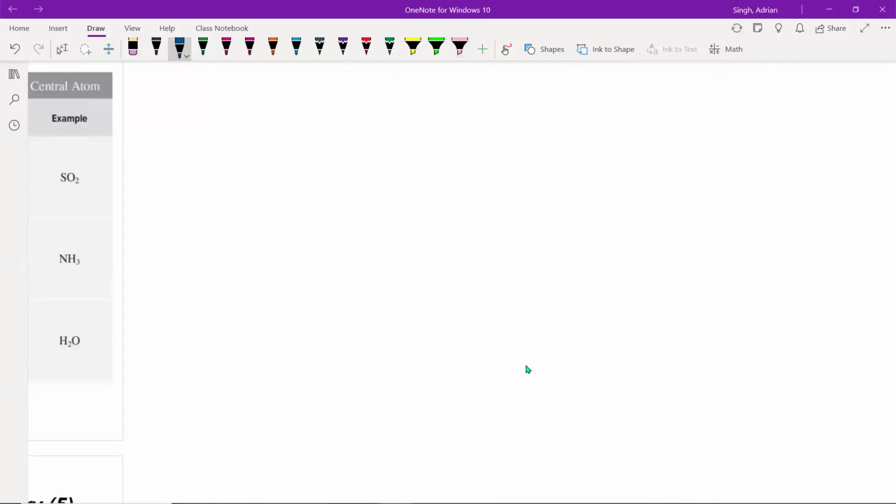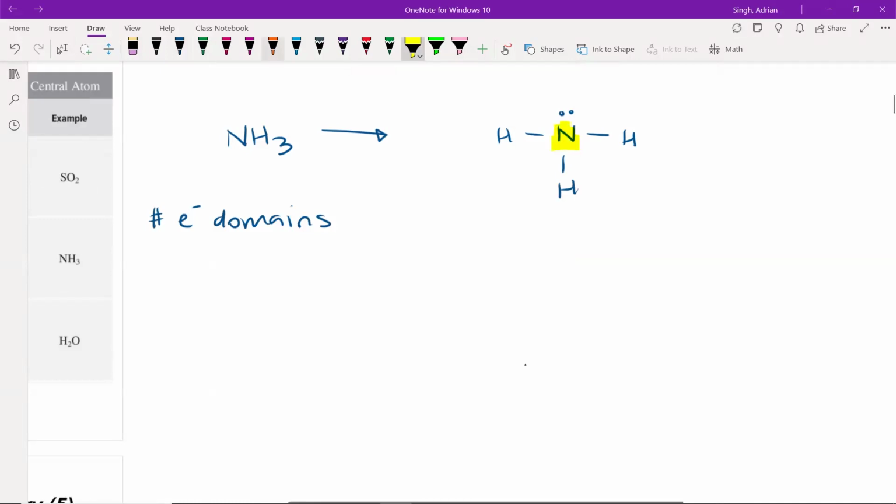So NH3, okay, if I were to draw the Lewis structure for NH3, you would see that it looks like this. And 3 H's in a lone pair. Okay, so the number of electron domains, and again, it's just around the central atom, the N in this case, I have a single bond, another single bond, another single bond, and a lone pair. So I have 4 electron domains.